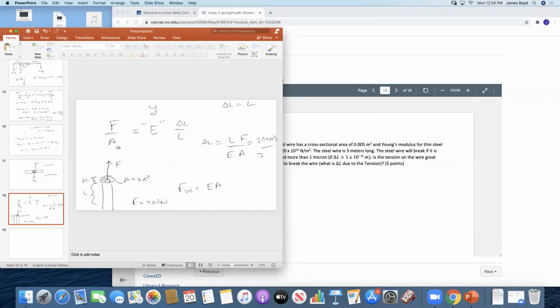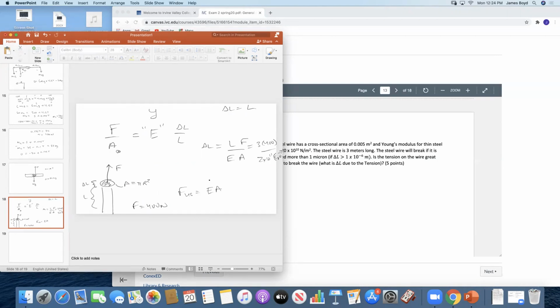So this is 2 times 10 to the 11th. And finally, our cross-sectional area, I just gave it to you. You didn't have to use pi r squared, it is 5 times 10 to the negative 3. You can do this almost in your head. This is 10 times 10 to the 8th. So this is 10 to the 9th in the bottom.